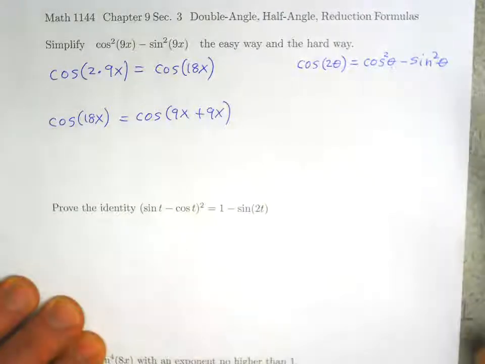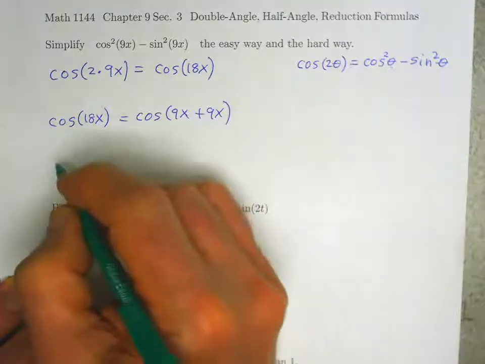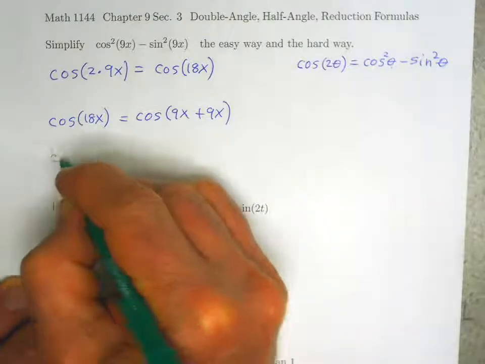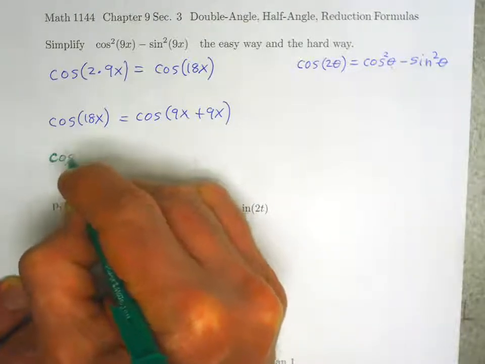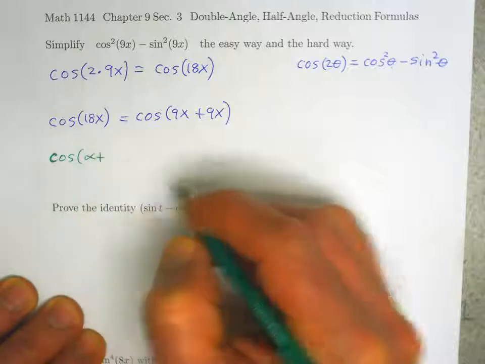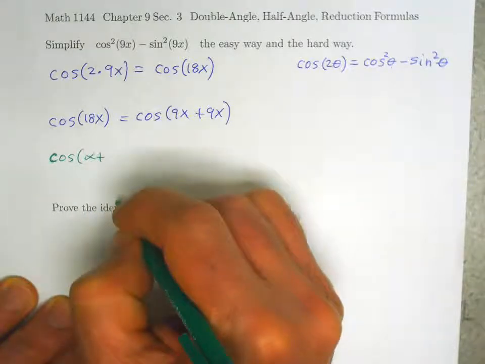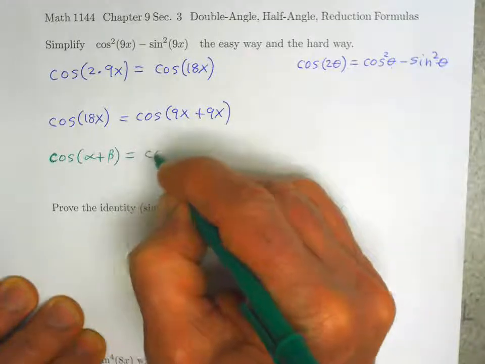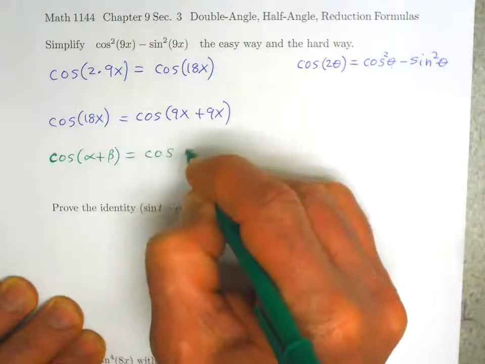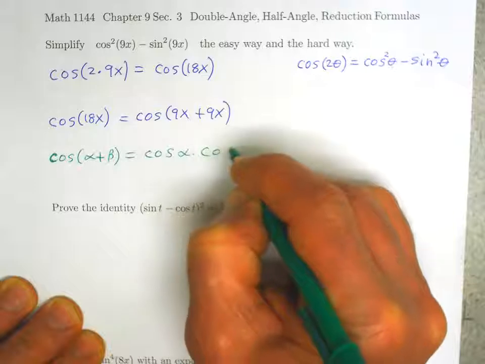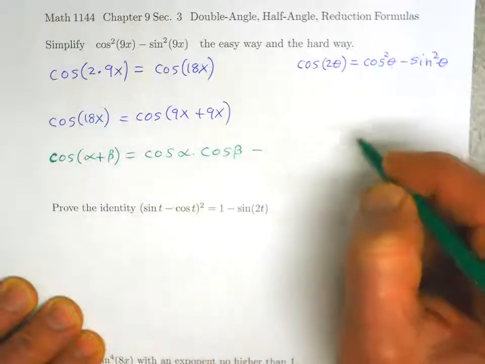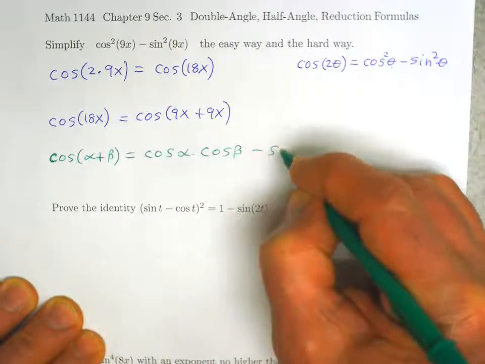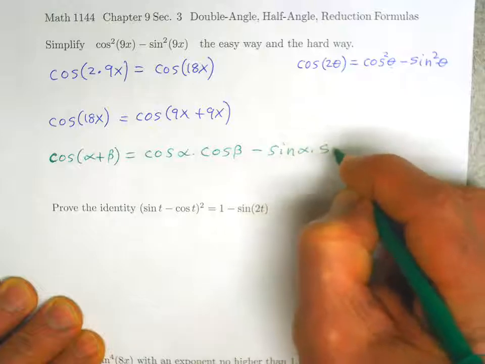And just for practice, I'll write down the sum formula for cosine. So cosine of alpha plus beta is cosine of alpha times cosine of beta minus sine of alpha times sine of beta.